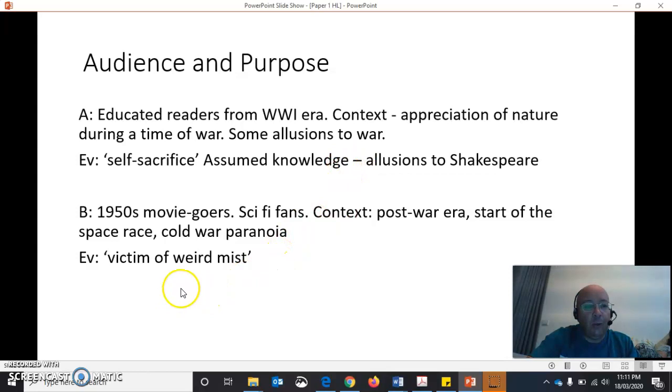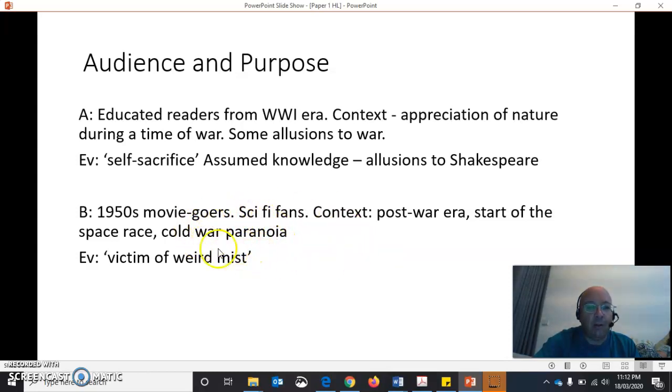The second text, the movie poster, we know has a timestamp, it's 1957, so we know it's the 1950s. The audience is people who are interested in going to the movie, and the purpose is obviously to persuade you to go. Fans of science fiction, it's reasonable to assume. The context, again, look at the context. What else do you know about that time period? World War II had just finished, 12 years previously. So it's the post-war era, maybe the Cold War was happening here.